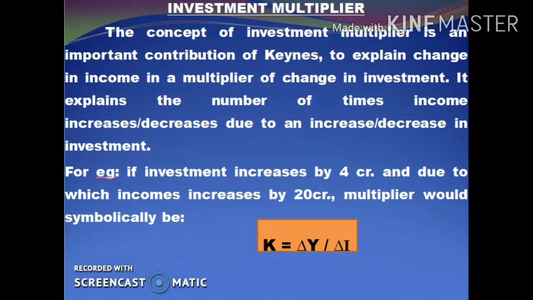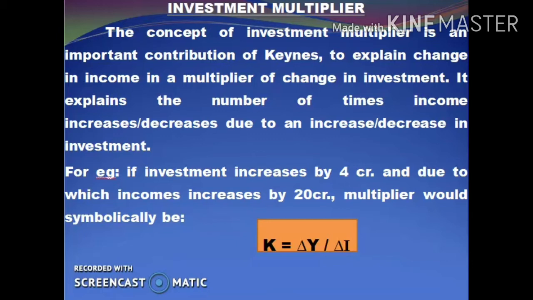Next we see the investment multiplier concept. The concept of investment multiplier is an important contribution of Keynes to explain change in income as a multiple of change in investment. It explains the number of times income increases due to an increase in investment. If investment is increasing, the national income will increase.